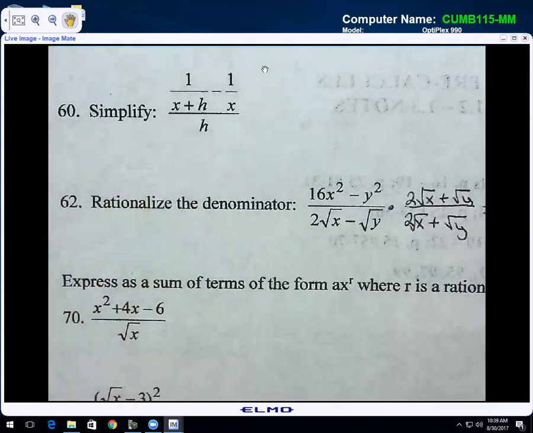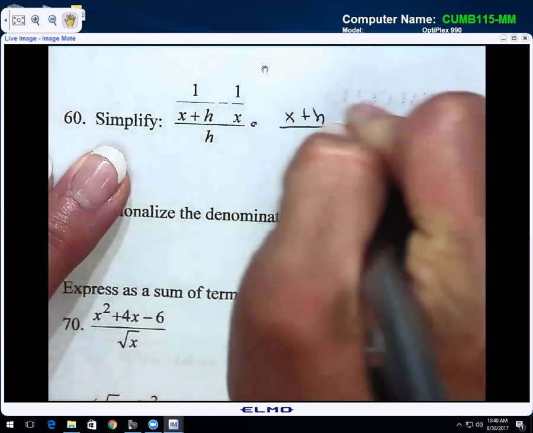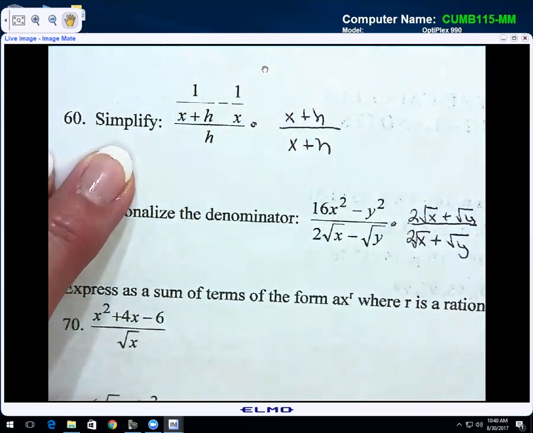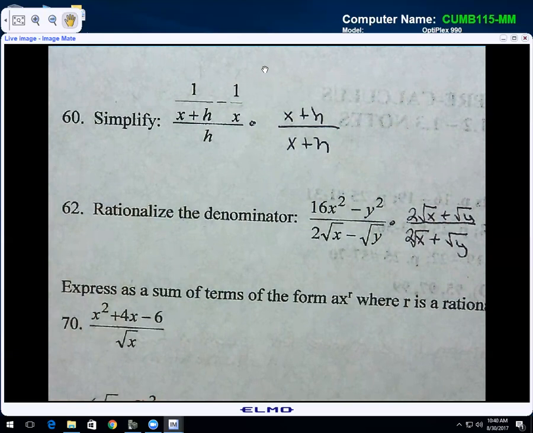If we use method 2, multiply both numerator and denominator by the LCD. Your second step doesn't have fractions in it anymore. What is the LCD of those 2 baby fractions? X times X plus H. And I'm so glad you said that, because if you had only said X plus H, I would have said, when you multiply X plus H times this, will it be legal to cancel the X's?